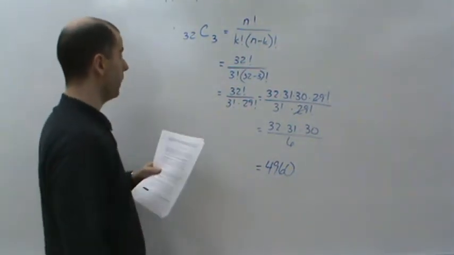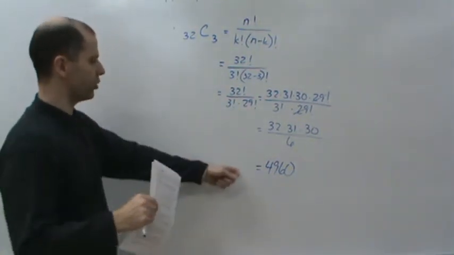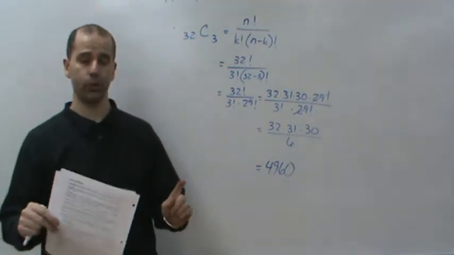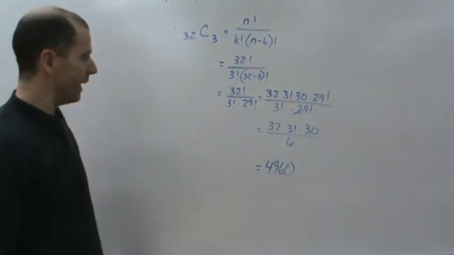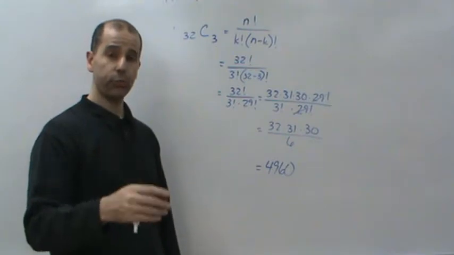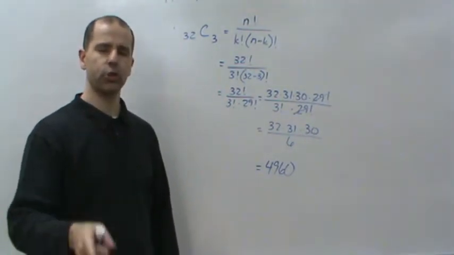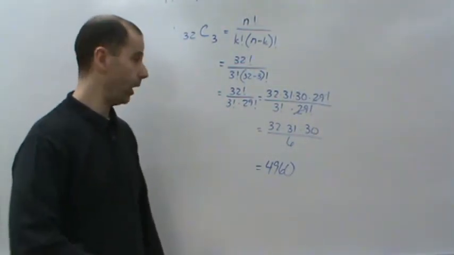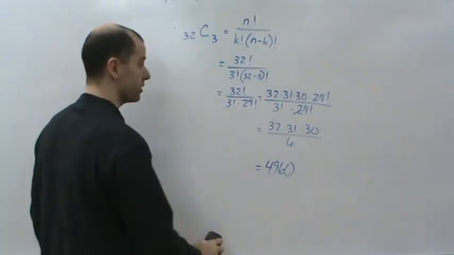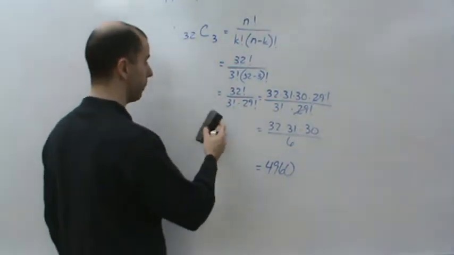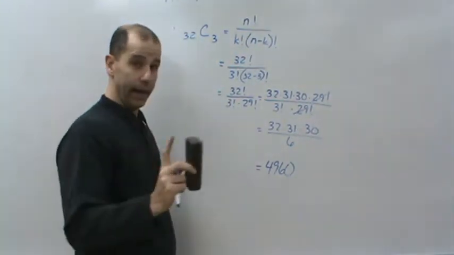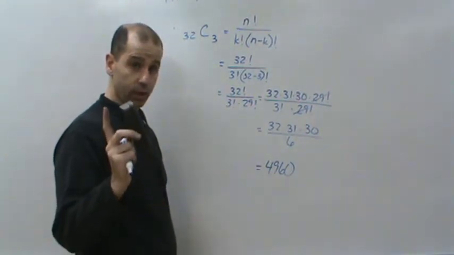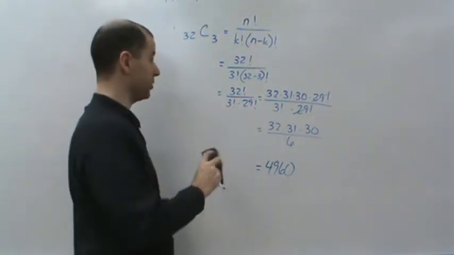Okay? So now, what's the probability? So this is the total number of ways of choosing 3 people to go to a conference. Now, what is the probability that all 3 women, or all 3 people I choose would be women? Well, let's now use the idea of probability and use combinations.